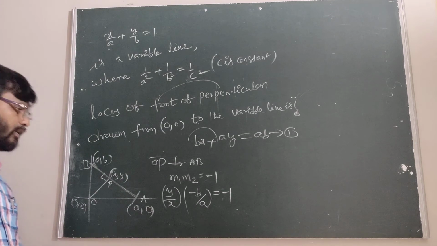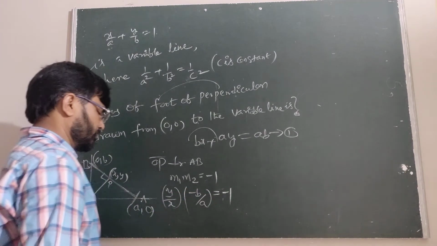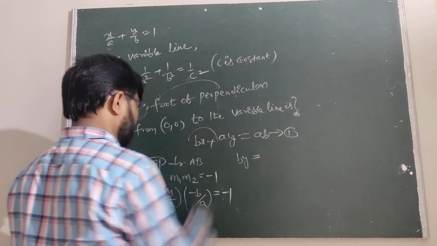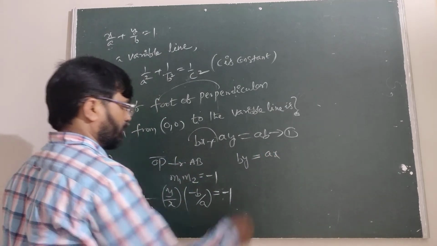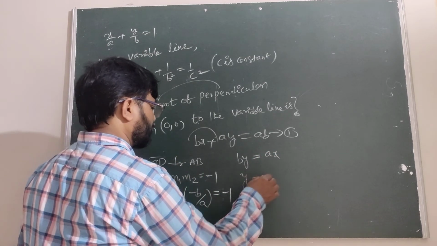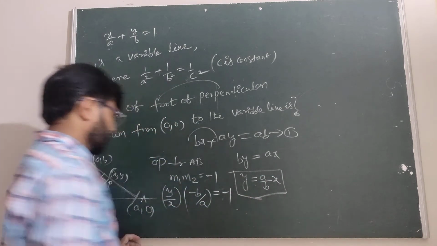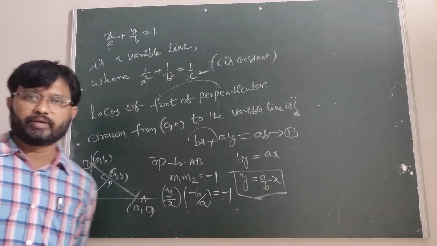Now this can be written as: by equals ax. Now we can write y equals a by b times x. Is it clear or not? We take by equal to ax, y is a by bx.